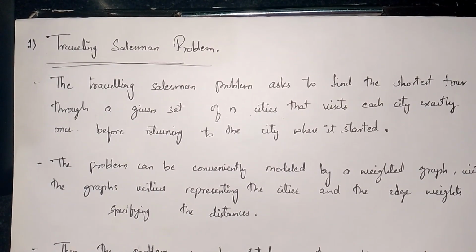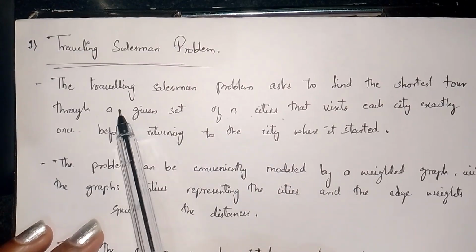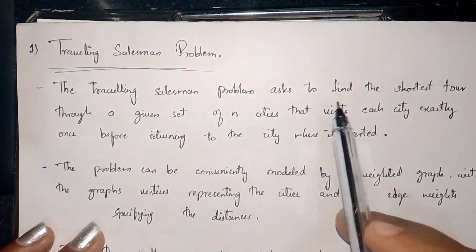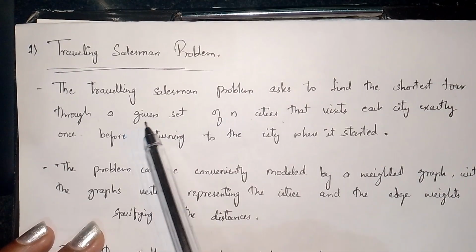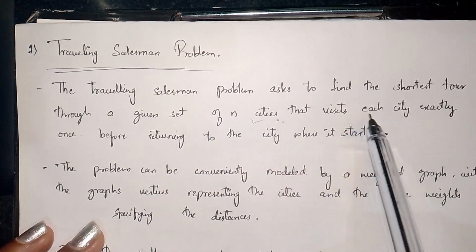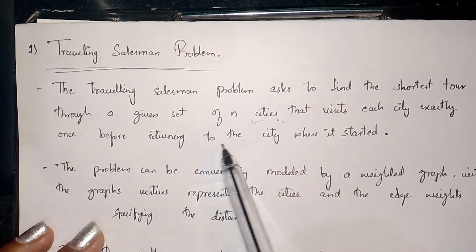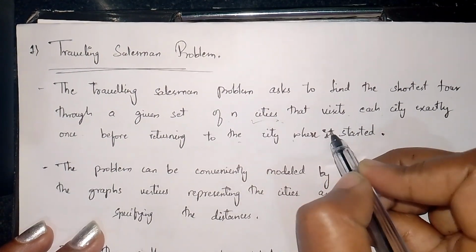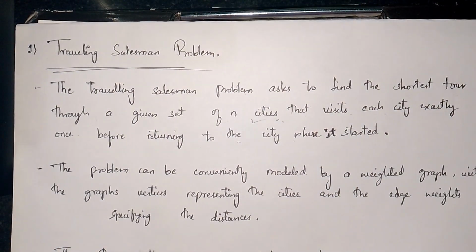The traveling salesman problem asks to find the shortest tour through a given set of n cities that visits each city exactly once before returning to the city where it started. The traveling salesman has n number of cities to travel to.